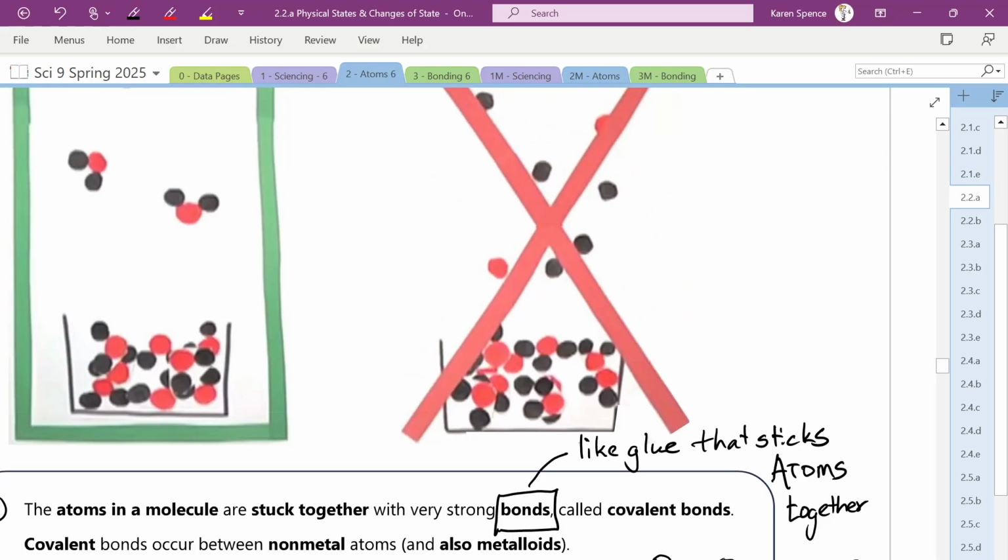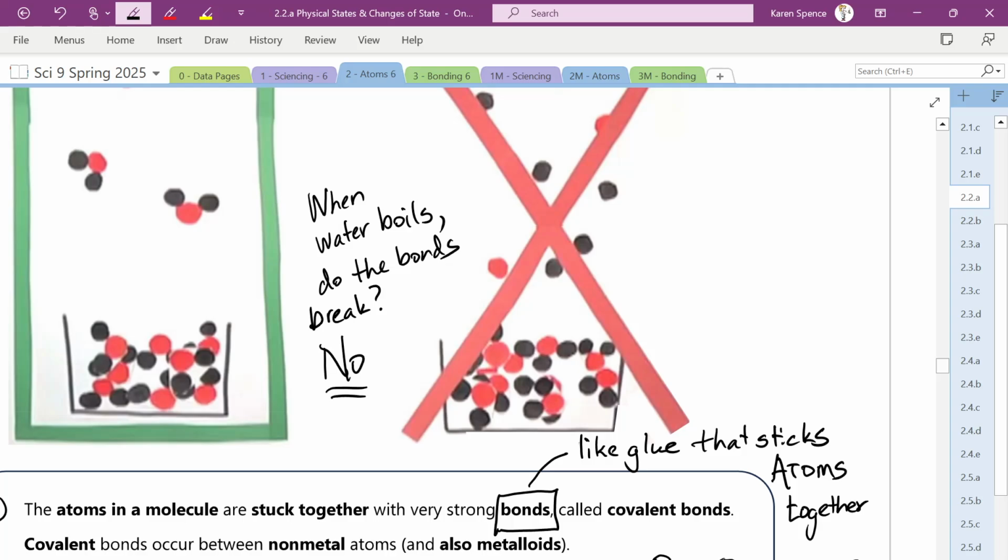When water boils, do the bonds break? No. Okay, the bonds are intact.